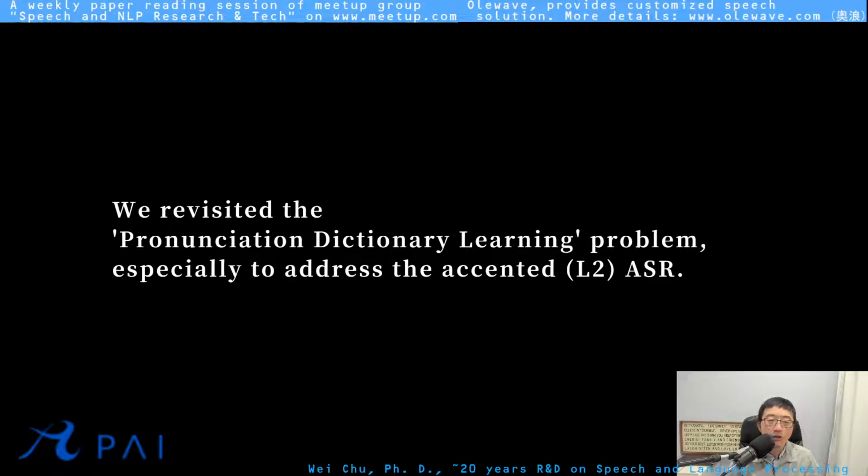But how does that affect the acoustic modeling? Should the acoustic modeling address my accent issue by looking at the pronunciation dictionary? For instance, how do we smartly add or delete the pronunciations of certain words into or out of the dictionary so as to improve the ASR? This is the general objective.